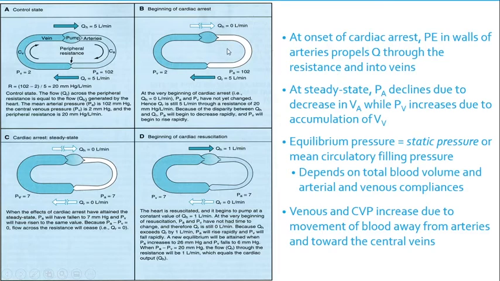So what we see initially is that the arterial runoff is going to be similar, so at the very beginning the pressures and the flow, the runoff of both sides of the circulation, are relatively the same. But again, the heart has stopped beating, so that is not going to continue. What's going to happen is that the volume of blood in the arterial side is going to start to go to the venous side.